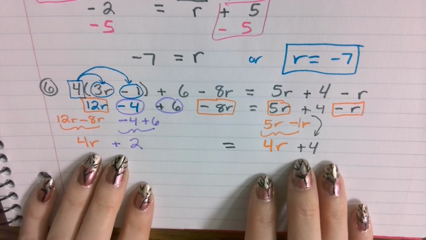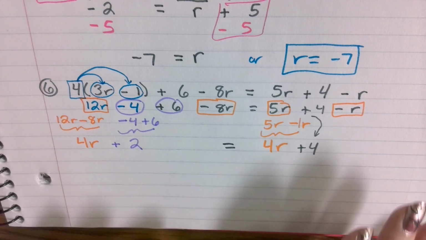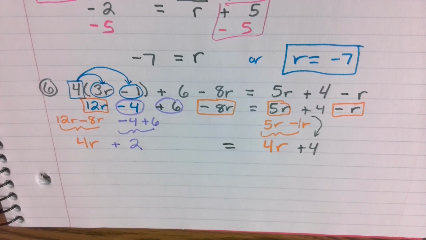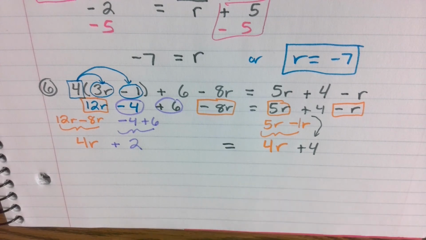They're both simplified. Now we need to go ahead and focus on moving one variable to the other side. So which one is our smallest? Which one's smaller, 4r or 4r? Neither. So does it matter whether we subtract it on one side or the other? No, because they're both going to be the same.